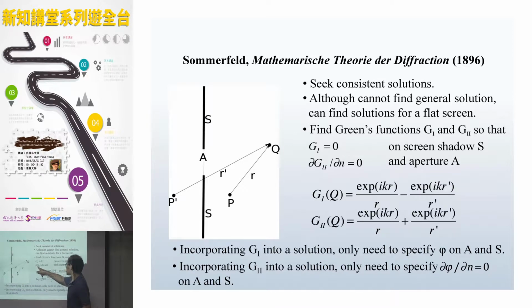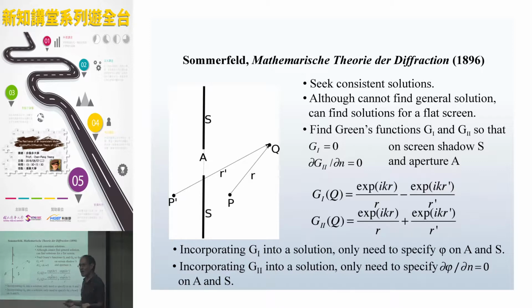And G2's spatial derivative over n is zero on the boundaries S and A. So one vanishes and one's derivative vanishes on the two boundaries.